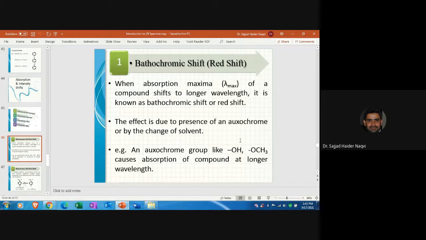It can be caused by, as I said, an oxochrome, or there could be other reasons for that, for example, the change of the solvent. So we have already taken the example of oxochrome groups like hydroxyl or OCH3 group or NH2 group in the case of the aniline you just studied, that results in the bathochromic shift or the red shift.